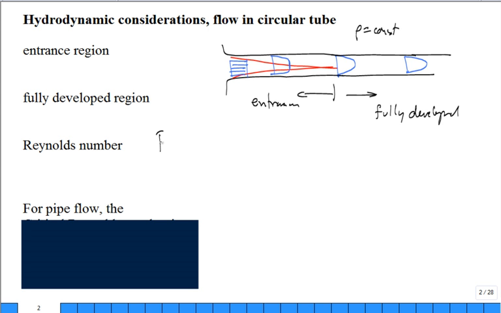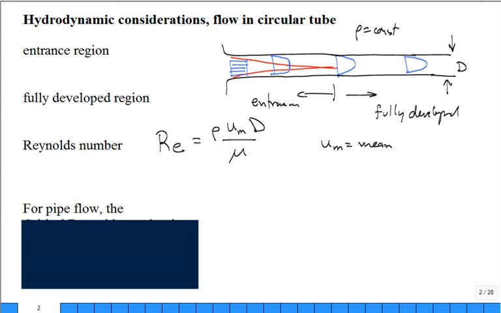Well, we have a Reynolds number for flow inside of a pipe. We use the characteristic diameter D, the inside diameter, as our length in the Reynolds number. So we'd have rho, some average velocity, some mean velocity for the fluid in the pipe, D over mu. So U sub M is mean.